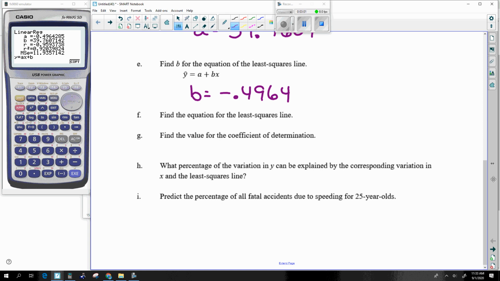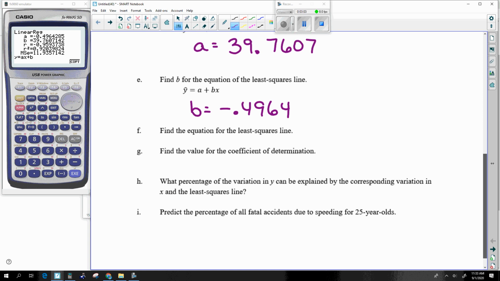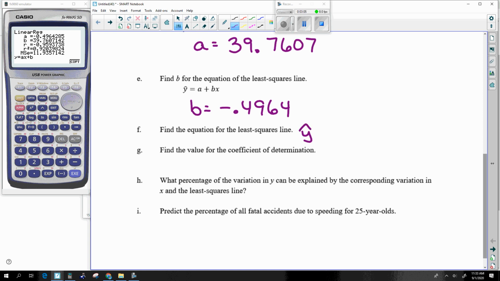Leaving the equation for the least squares line to the y hat is equal to A plus B, so that would be a minus in this case, X. That's A plus BX.